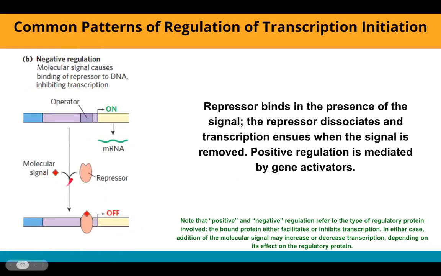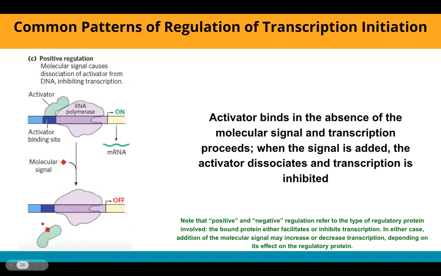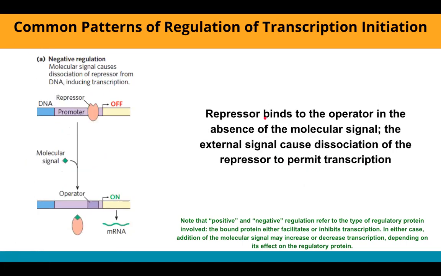For this type of negative regulation, the molecular signal binds to the repressor, and this causes turning off of the gene regulation. The next is positive regulation. For positive regulation, an activator is present. Again, to make sure you are not confused with the terminologies.